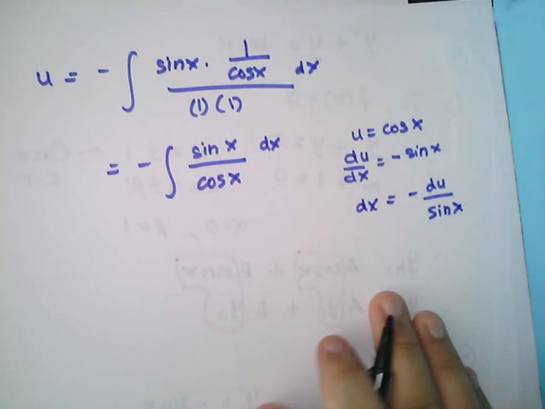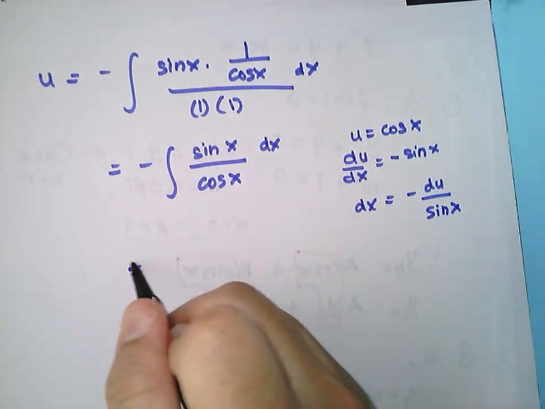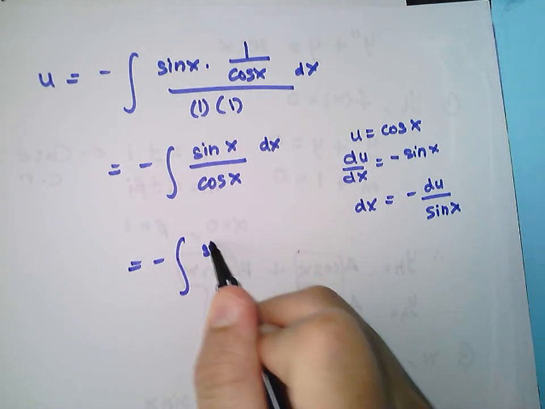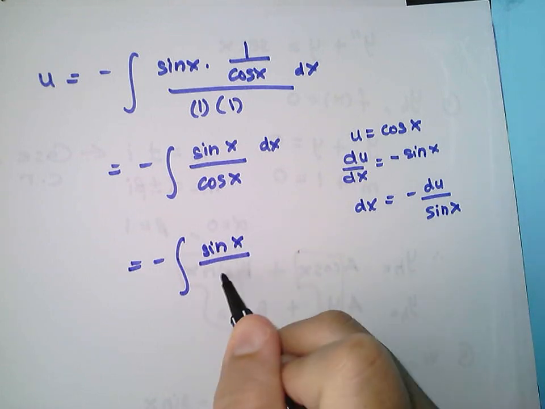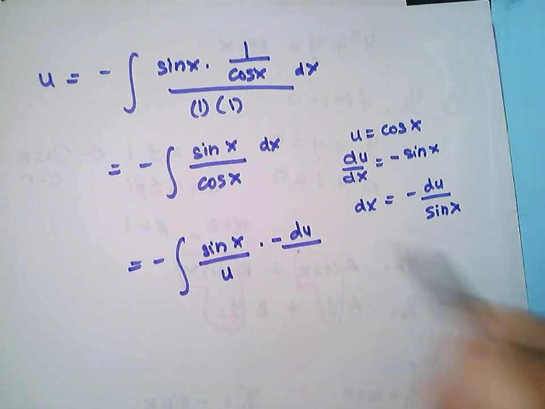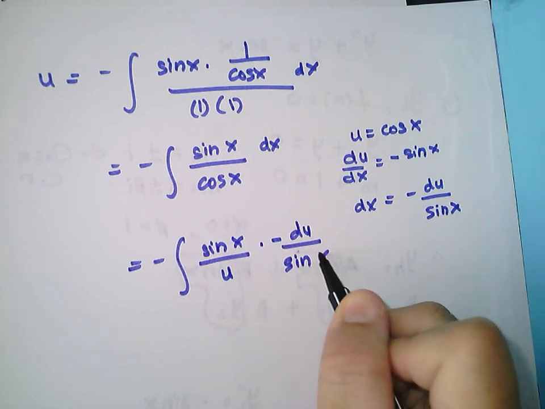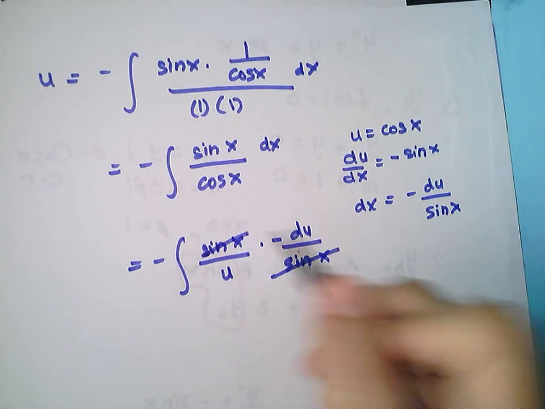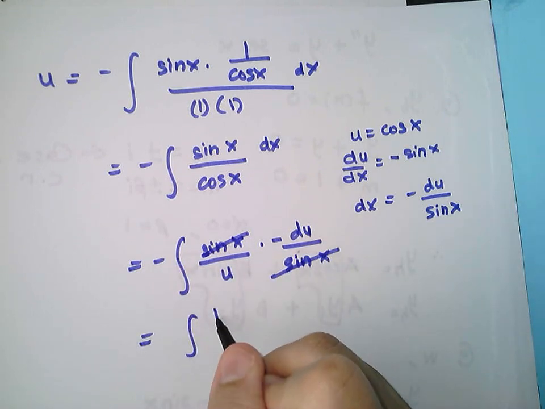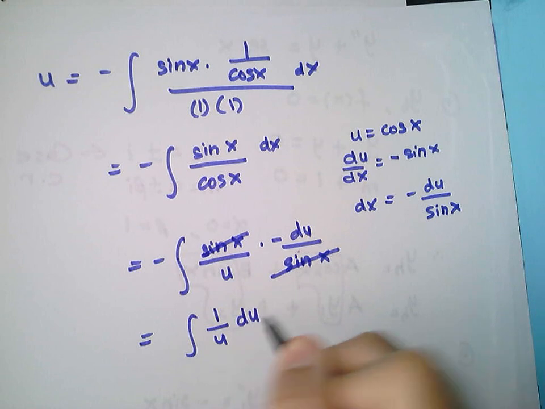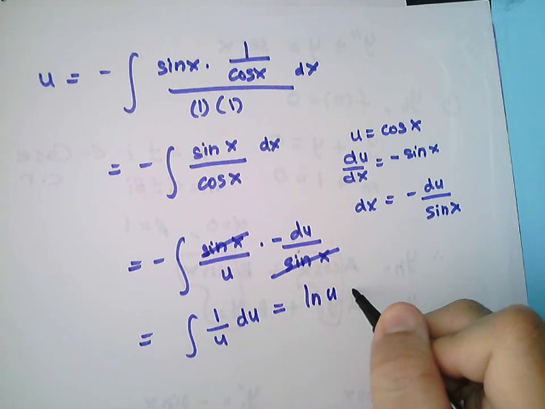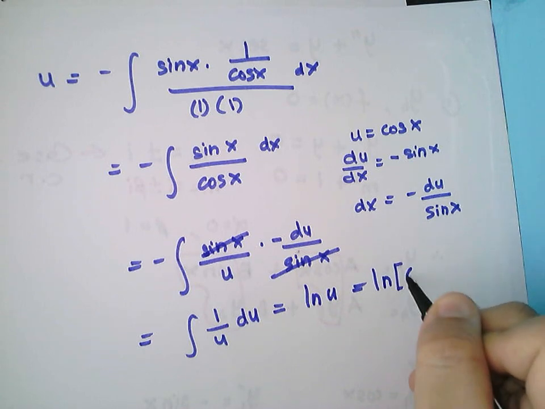Substitute back into here, cos x is equal to u, and dx is equal to negative du over sin x. So you can cancel out this one. Negative negative will give you positive, so actually you are going to integrate 1 over u du. Integrating 1 over u will give you ln u, which is equal to ln cos x.